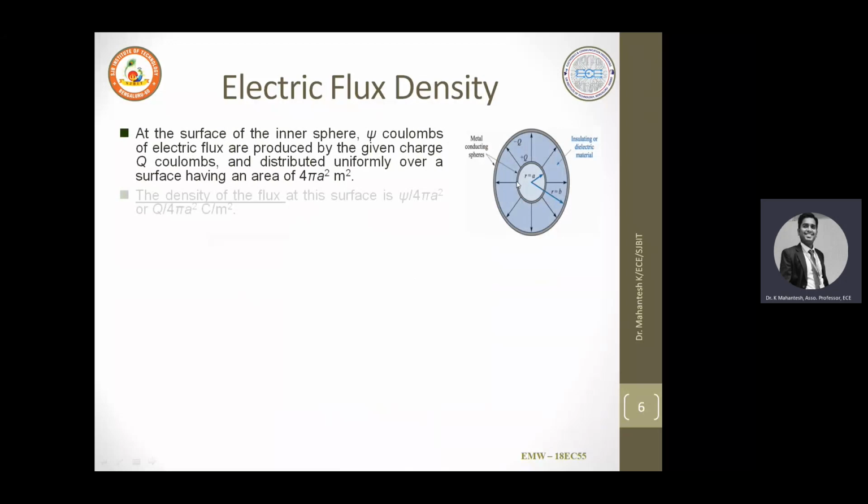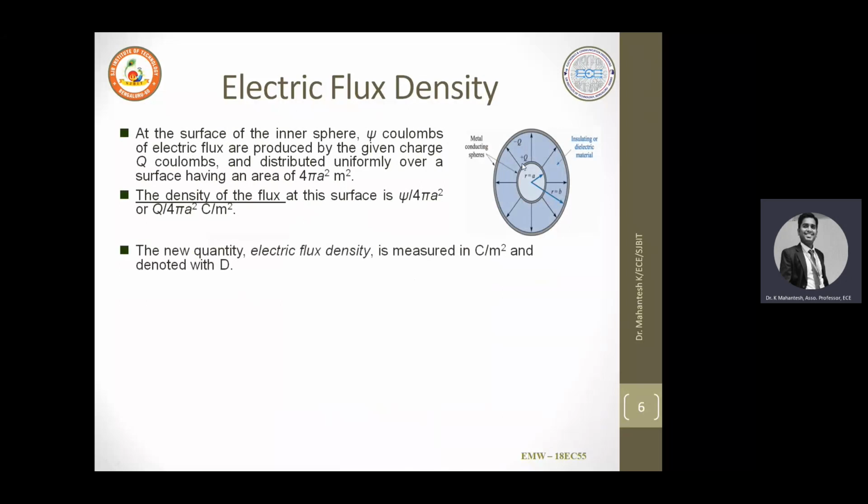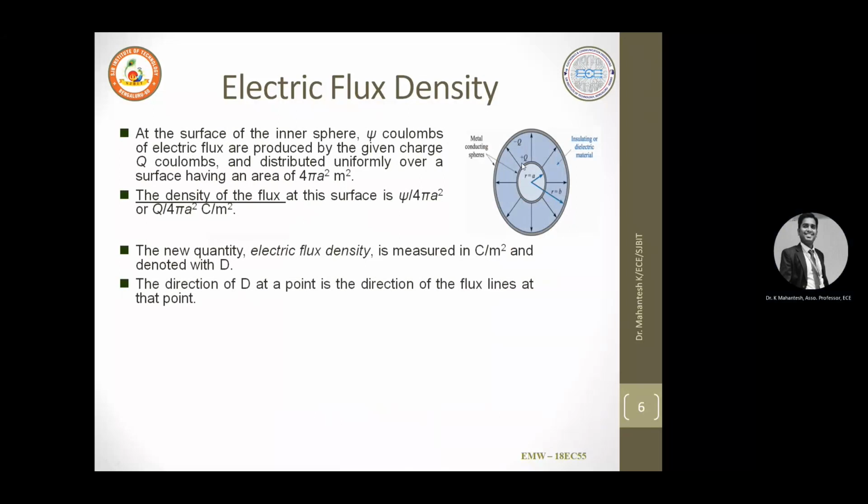The density of the flux at the surface is psi by 4 pi a squared, or Q by 4 pi a squared, coulombs per meter squared. This new quantity, electric flux density, is measured in coulombs per meter squared and denoted by capital D. The direction of D at a point is always in the direction of the flux lines.